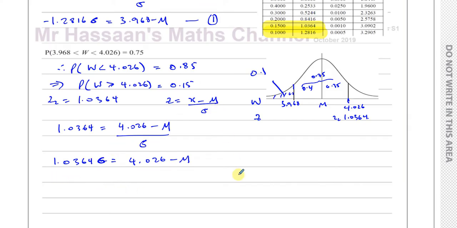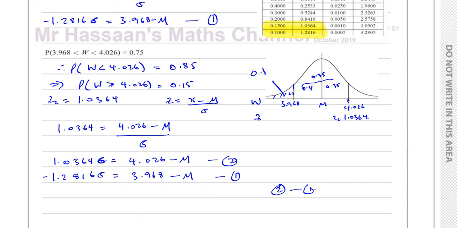So this is equation 2 now, and I'll write equation 1 underneath it: minus 1.2816 times sigma is equal to 3.968 minus the mean. These two equations can be solved simultaneously. If I do equation 2 minus equation 1, the mean terms will be eliminated.